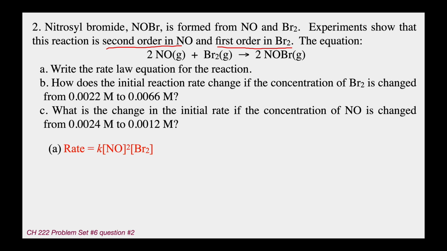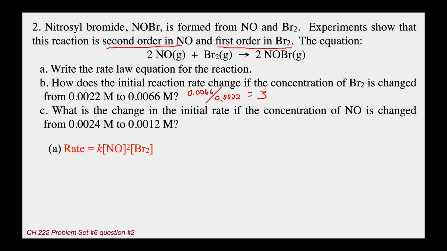So let's say that we have all of this stuff done, and on B, we're changing the bromine concentration from 0.0022 to 0.0066. Well, 0.0066 divided by 0.0022, you can probably see that's a factor of 3.